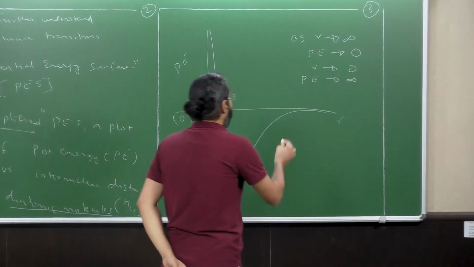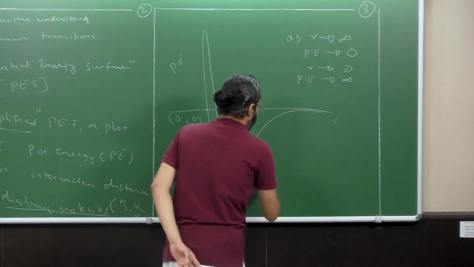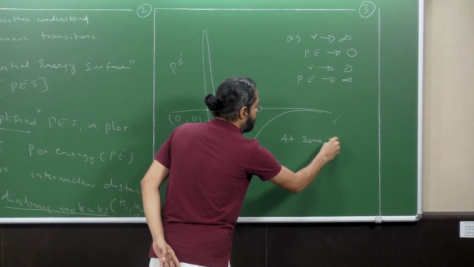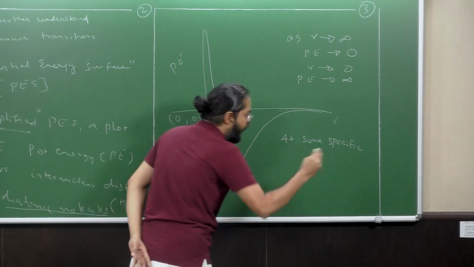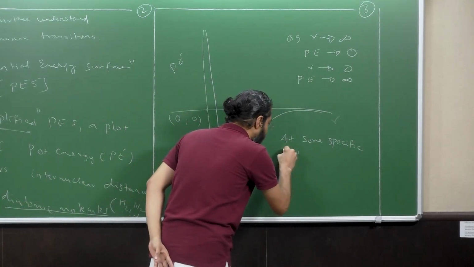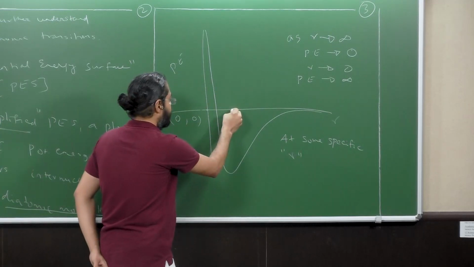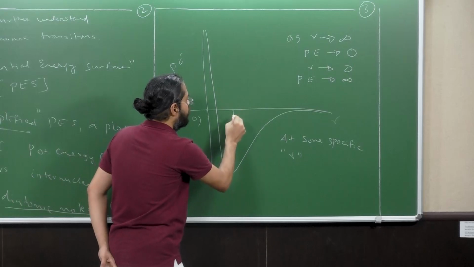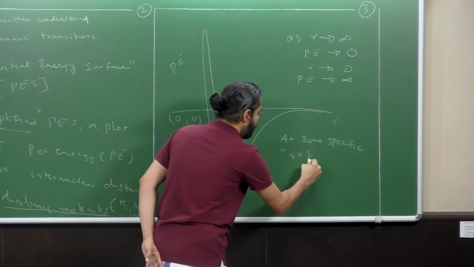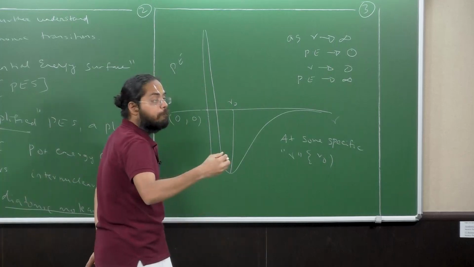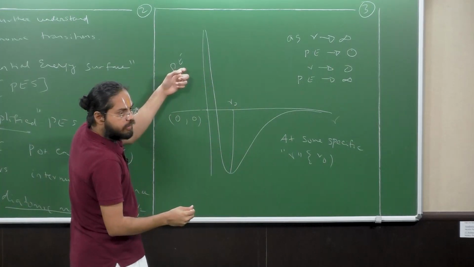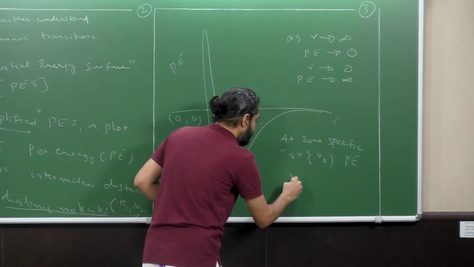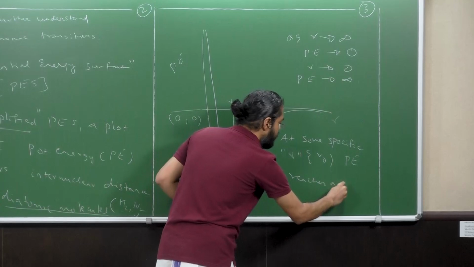And the last feature to be noticed is that at some specific R, let's say in this particular case, this value, let me call this value R naught, your PE, that is the value of the y point here, reaches a minimum.